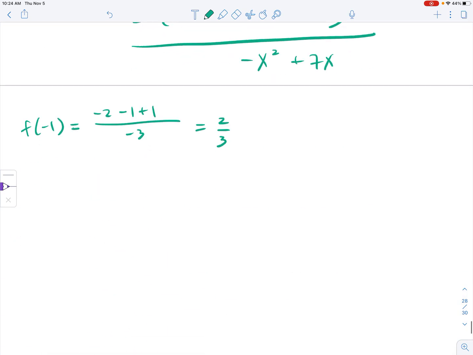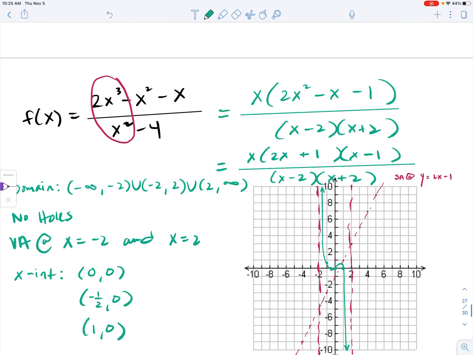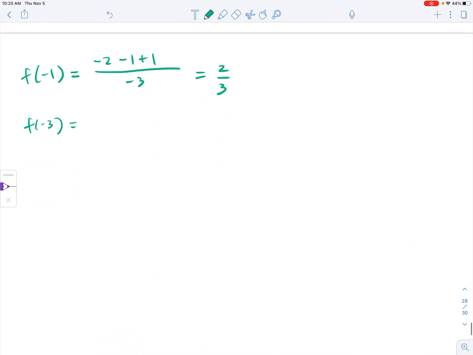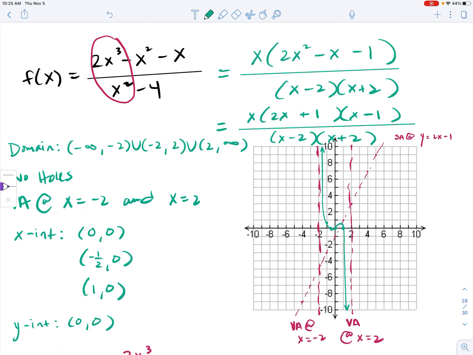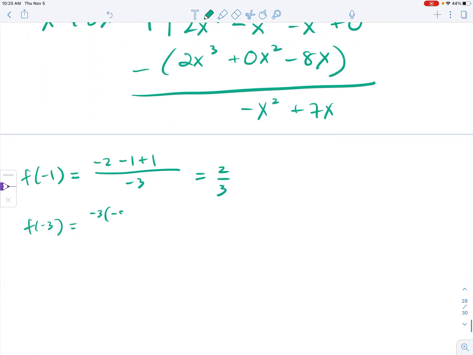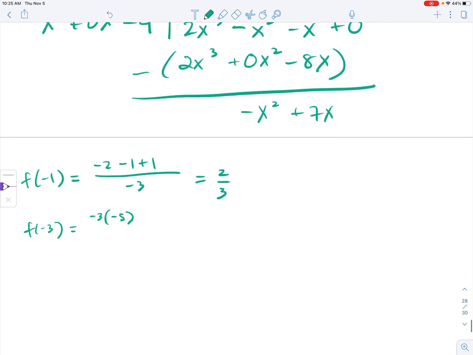I'm going to plug in negative 3 into the function. Okay, so that would be negative 3 times negative 6 plus 1, which is negative 5, times negative 4.